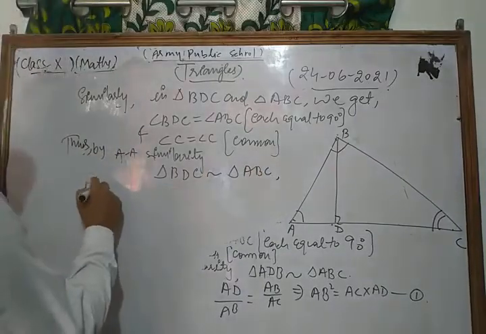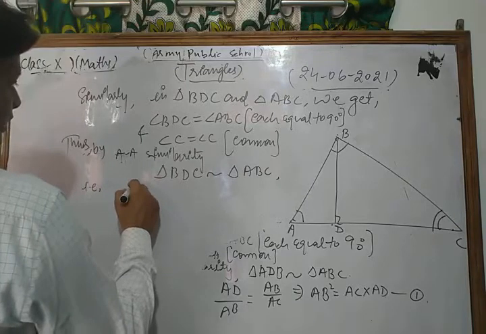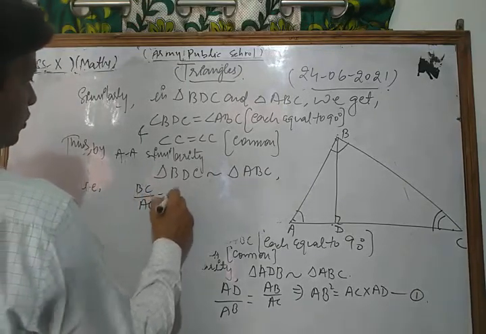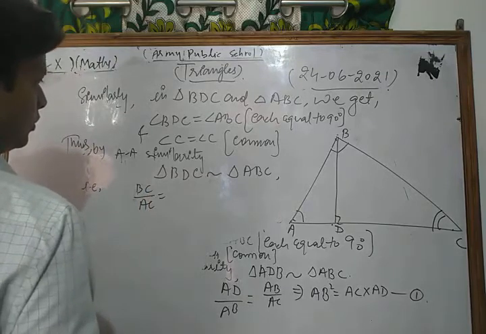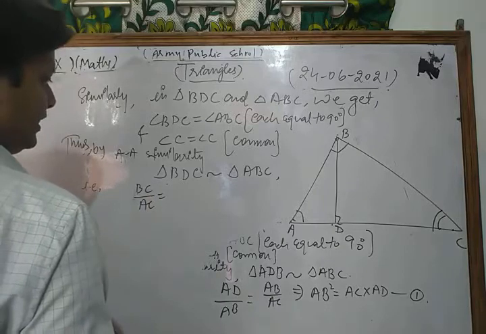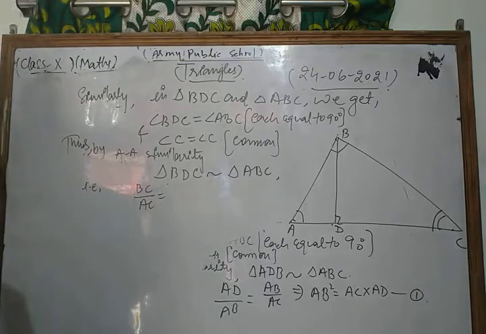That is what I get: BC upon AC is equal to, okay, BC upon AC is equal to what I get, look.